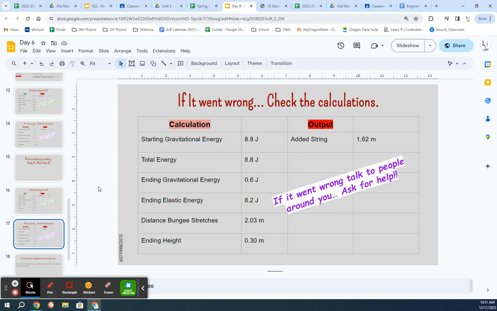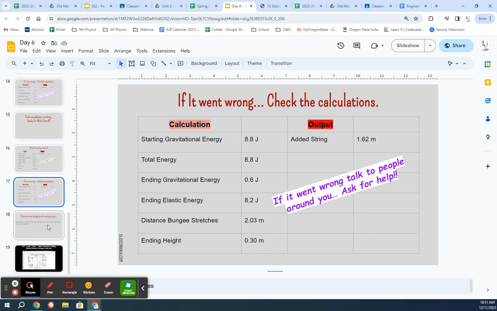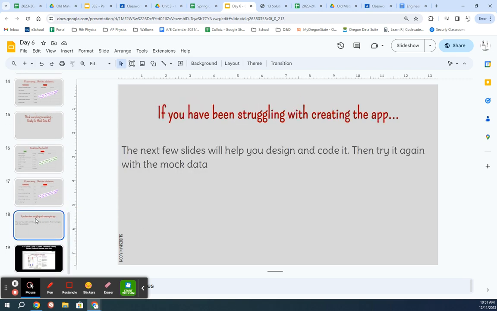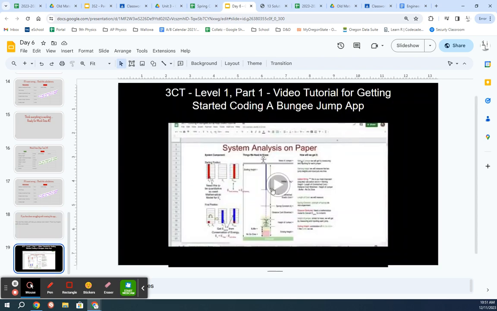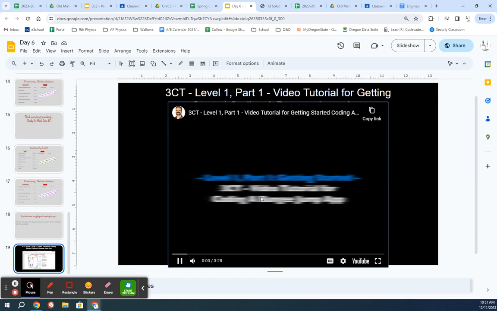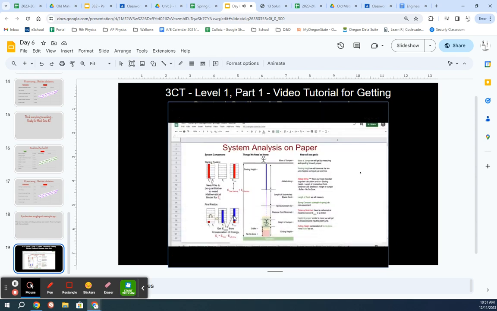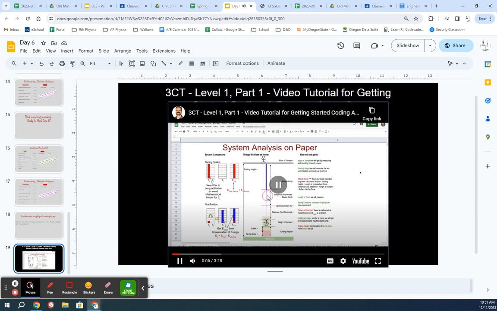If you are really struggling with this app stuff, if you need lots of help with it, the next slide will walk you through how to do that. All right, so this video is going to walk you through how to do that stuff so that you can check and make sure that you are understanding where all these things come from.